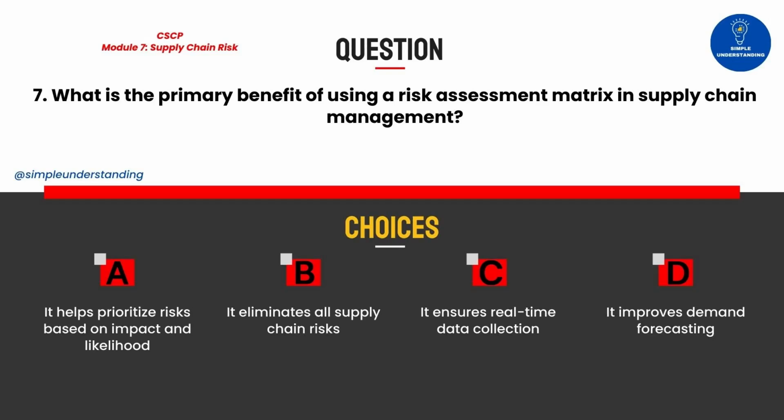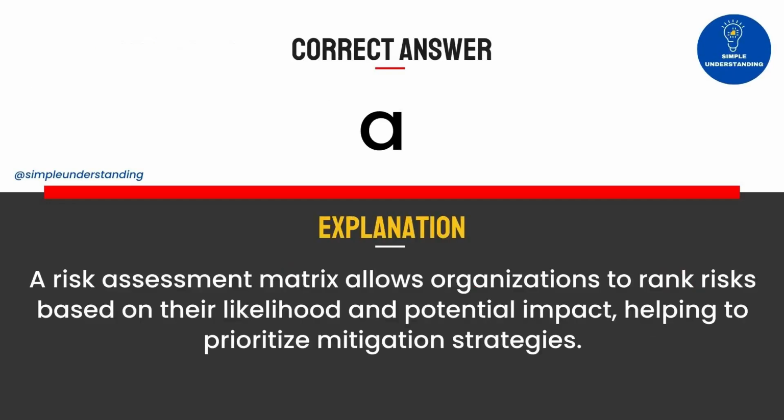B. It eliminates all supply chain risks. C. It ensures real-time data collection. D. It improves demand forecasting. Correct answer A. Explanation. A risk assessment matrix allows organizations to rank risks based on their likelihood and potential impact, helping to prioritize mitigation strategies.